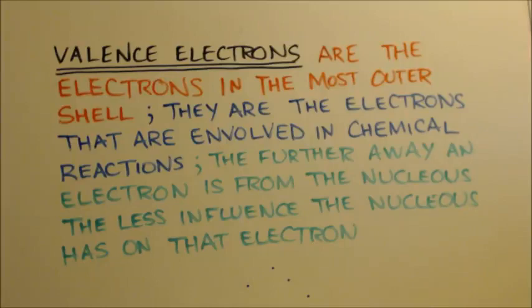The reason why is because the further away an electron is from the nucleus, the less influence the nucleus has on that electron. It's not gravity, I think it's called Coulomb force, but it's the same type of concept. Think about a person on planet Earth and someone in orbit.